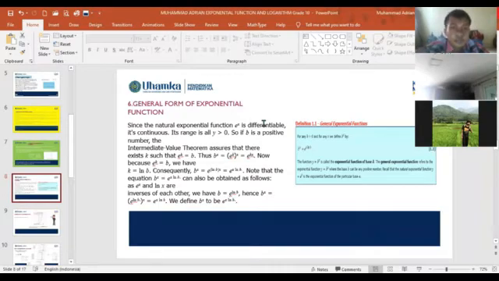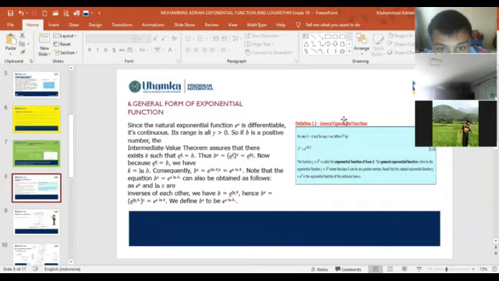Number 6, general form of the exponential function. Since the natural exponential function e power x is differentiable and continuous, its range is all y bigger than 0.